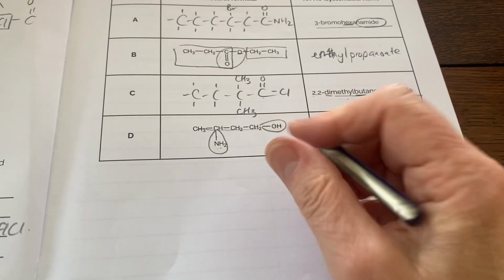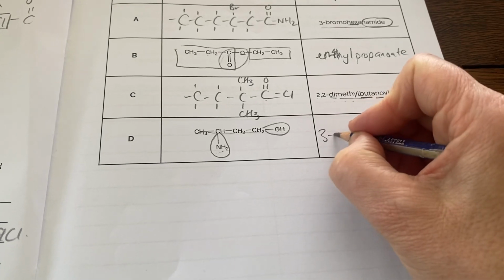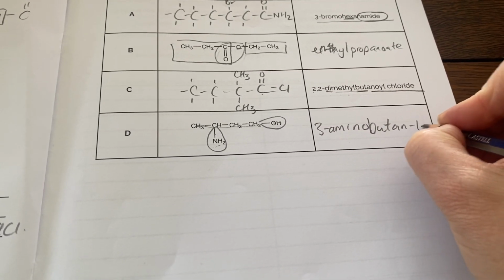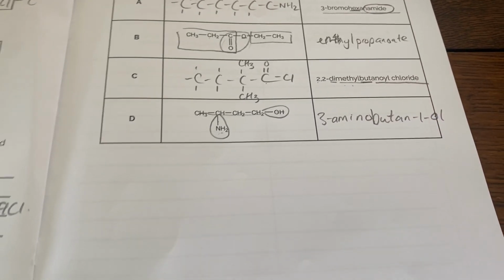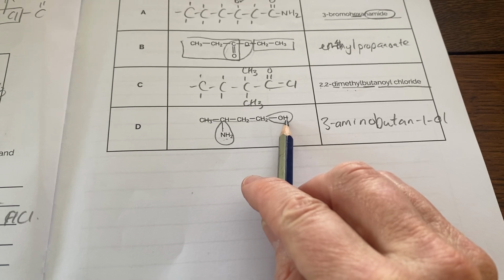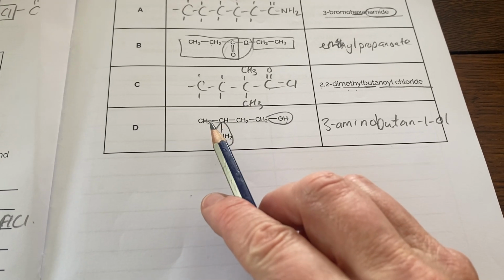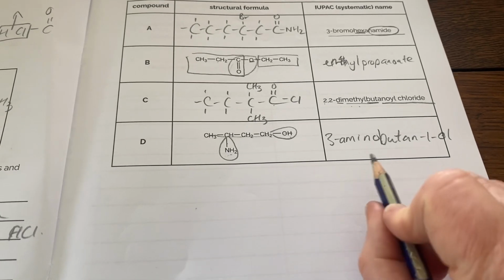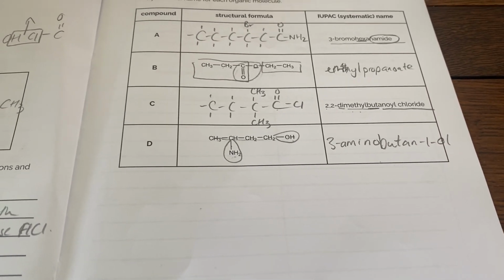So I'm going to go 3-amino, butan-1-ol. But you could have gone 1-hydroxy, butane, and 3-amine, I think would have been fine as well. But I think this is the best name for it.